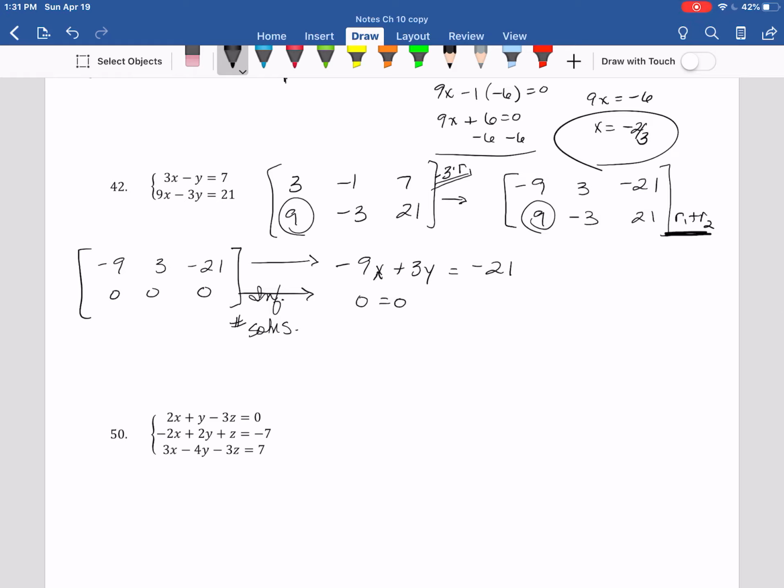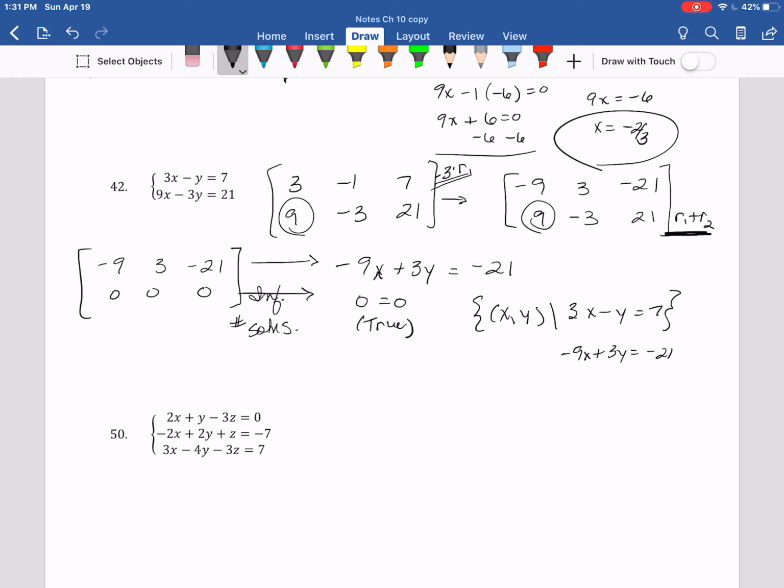This is a true statement, like we saw in 10.1, so we can decide that the equations that you were given in the beginning actually represent the same exact line. And so you're going to write your solution set to be all x, y combinations such that 3x minus y equals 7. Or you could have written such that -9x plus 3y equals -21.